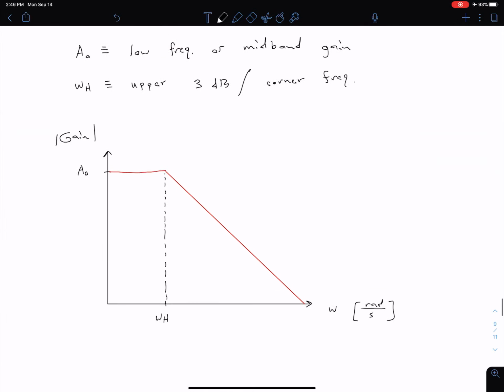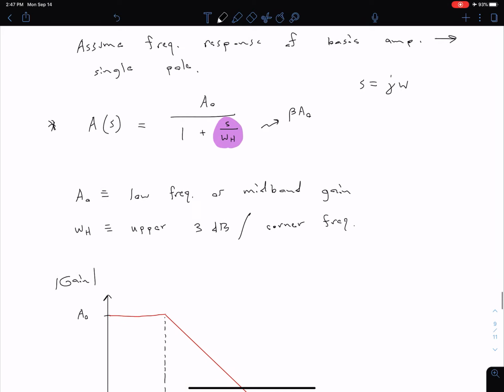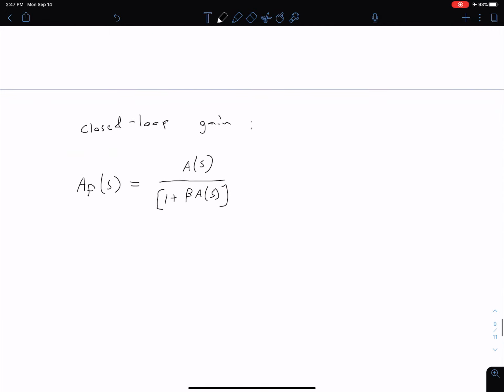Something we can keep in mind to make this a little easier is that up here, this S over omega H is actually just our beta A naught. Okay, so coming down here, we can rewrite this.